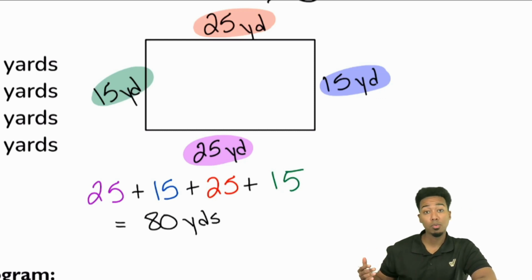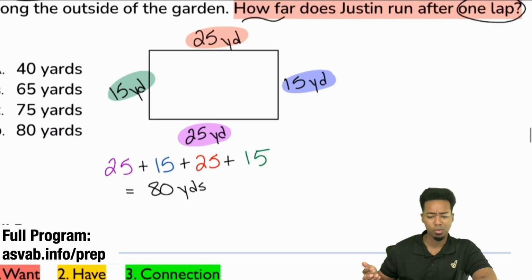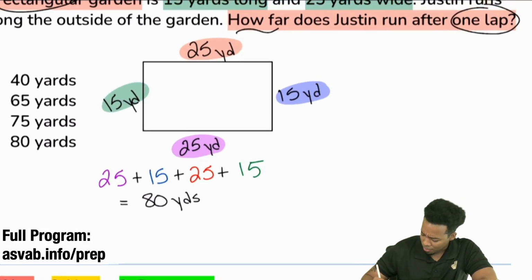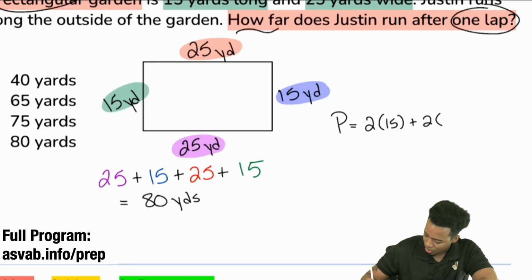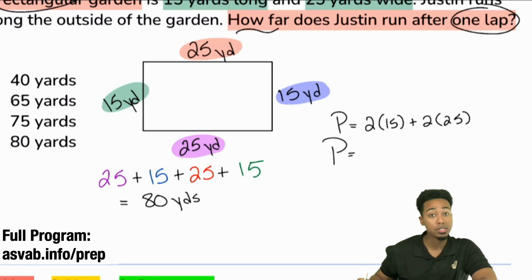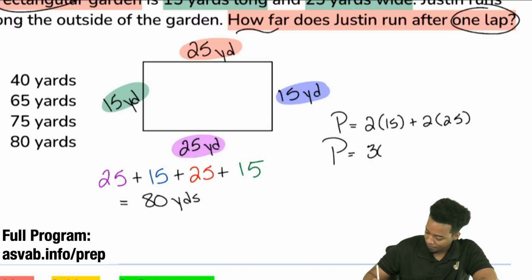Or if you use the formula, again, if you're more used to using the formula, that still works out just fine. You'll have your perimeter right over here. And you'll have yourself 2 times the length, which would be 15, plus 2 times the width, which was 25. Do the math here. 2 times 15, that'll be 30. And then 2 times 25, that'll be 50.